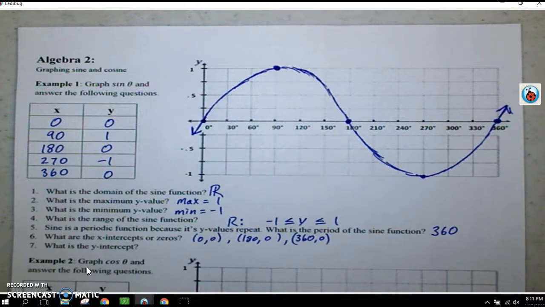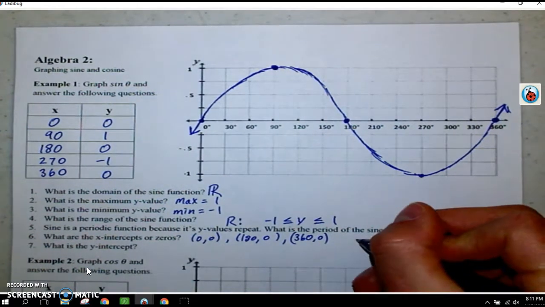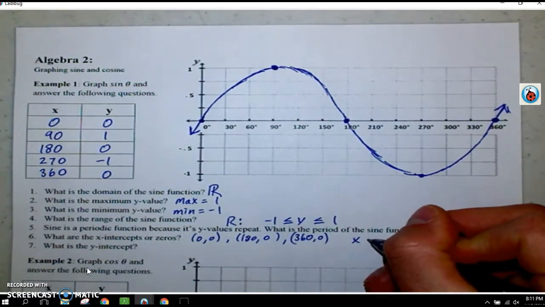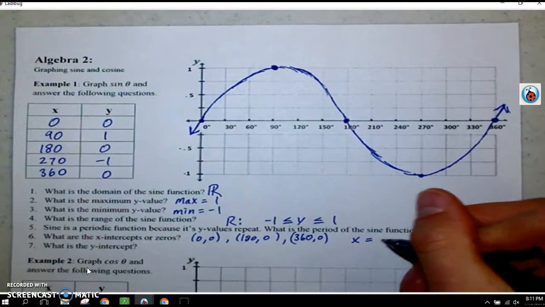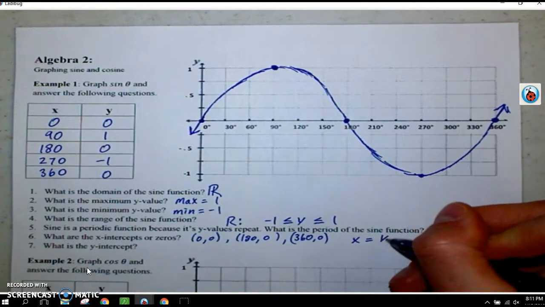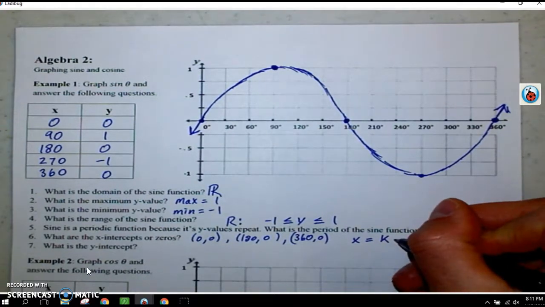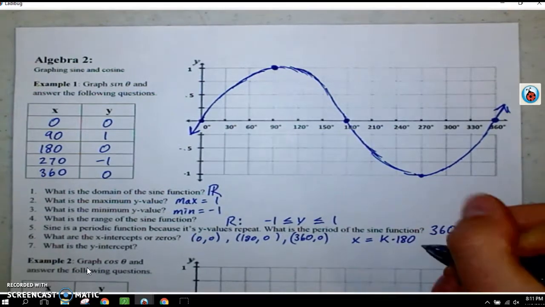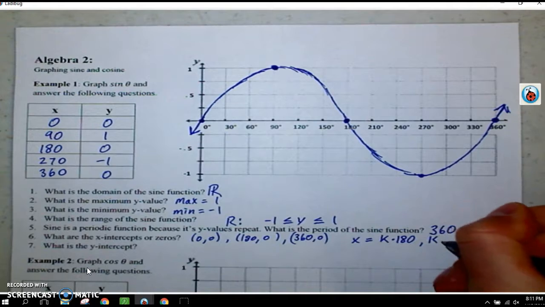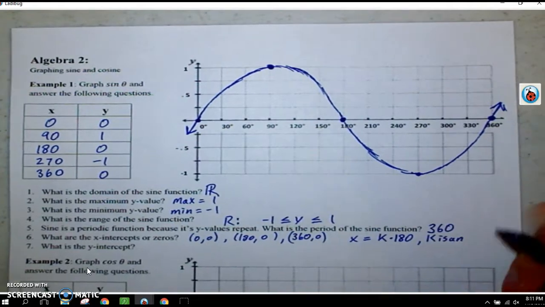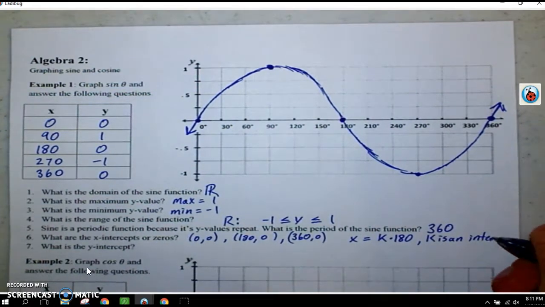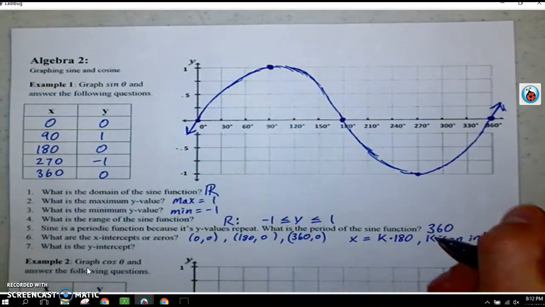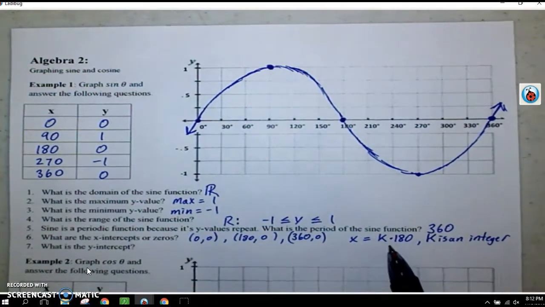So what we could say for our x-intercepts is that all of those x values will equal k times 180, and we just define that k is an integer. This is a little mathematical way of saying every multiple of 180 degrees.